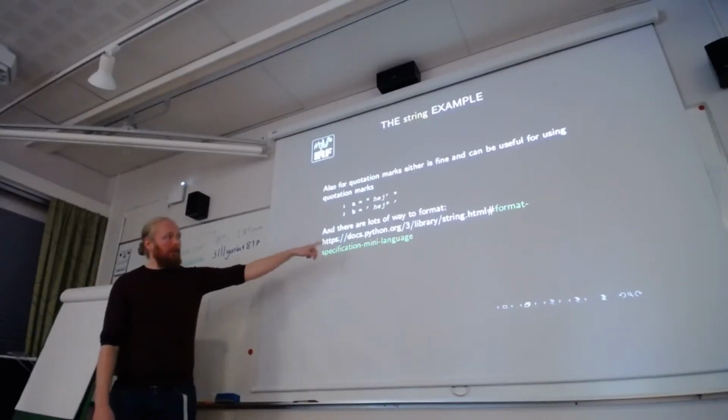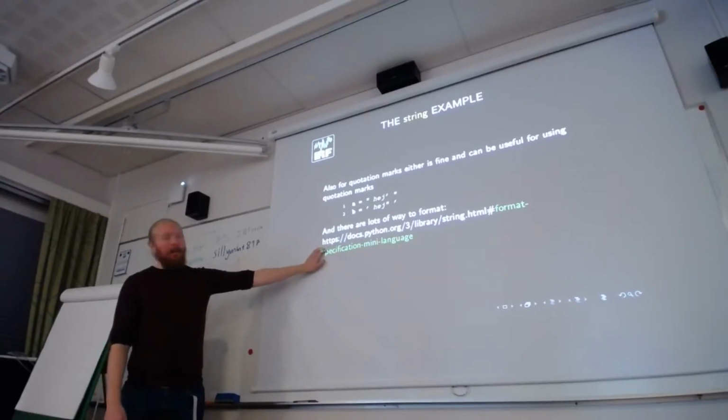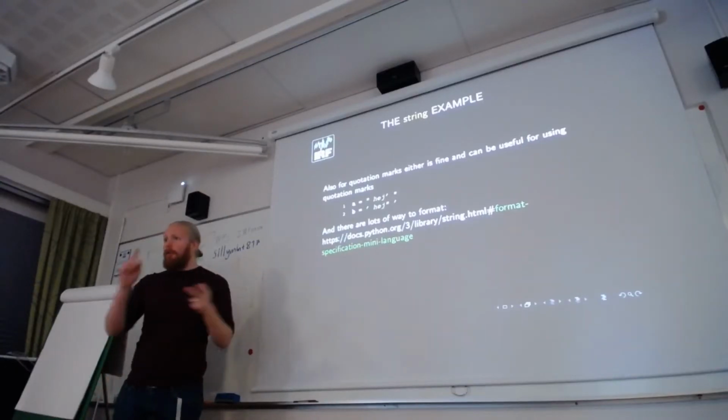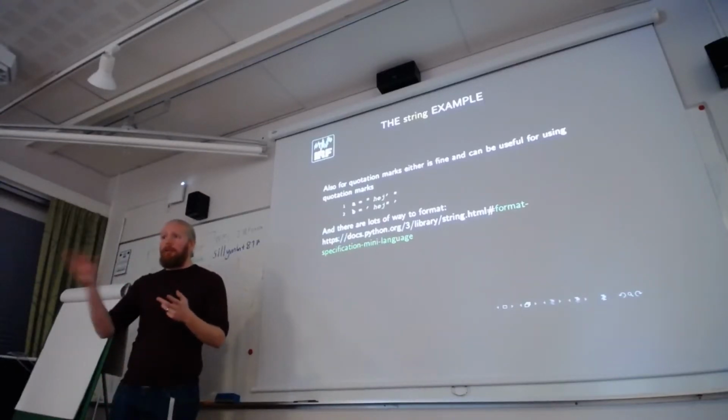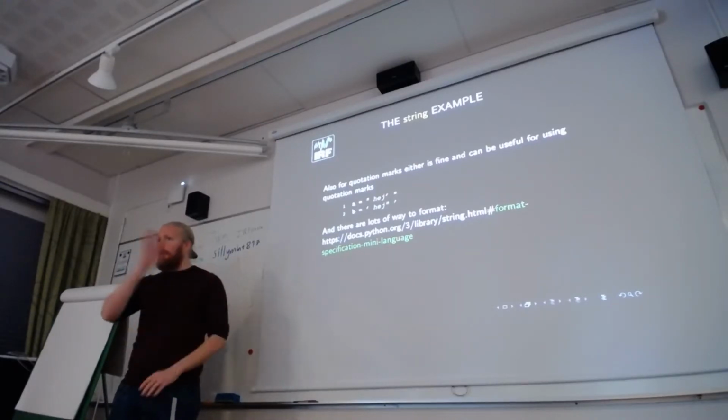Just so you know that it's in the Python 3 docs, and then you scroll down to this. Everything about this is there: how you format strings, how you format floats into strings, how you do this binary and decimal stuff, and it's all specified there.